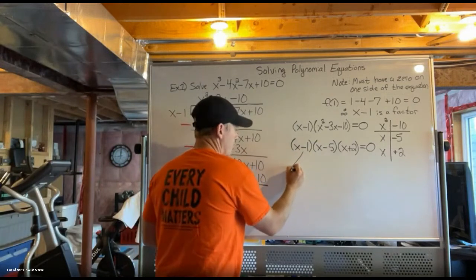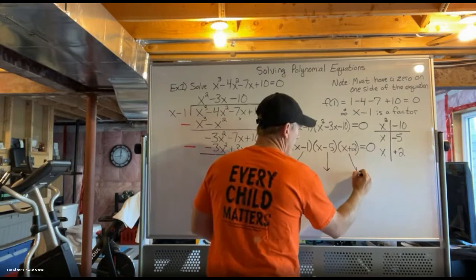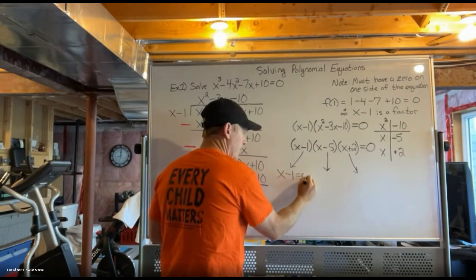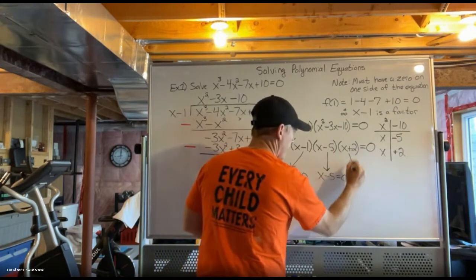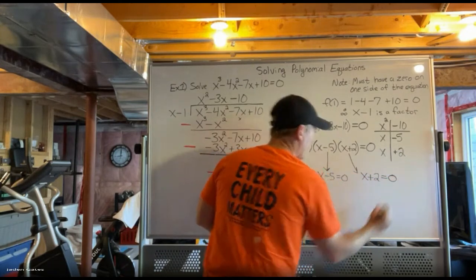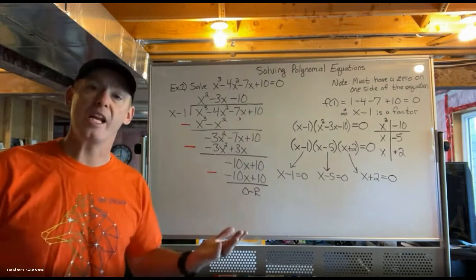This is just the extra step that we're doing today. And we're setting each factor equal to 0. So because there are 3 factors, we're going to get 3 answers.